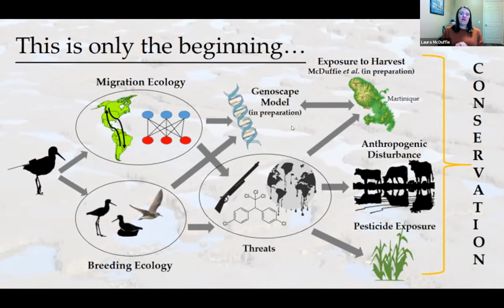Then when we have feather samples collected in these harvest areas, such as Martinique here, we can use those feathers to link them back to their breeding origin. On top of all of this, there's breeding ecology, such as nest success or adult survival, and that can also really indicate how a species is doing.